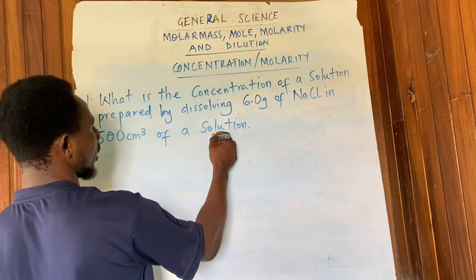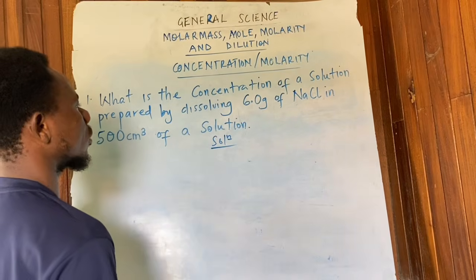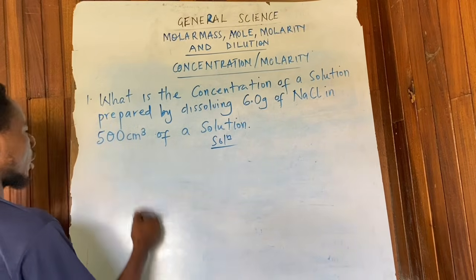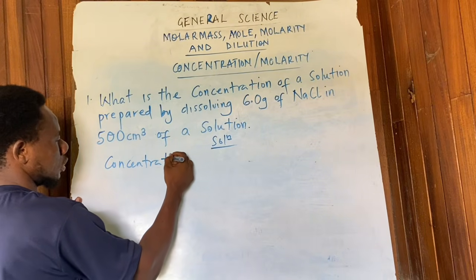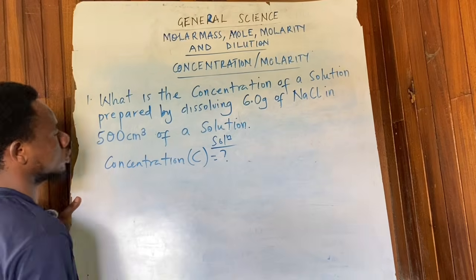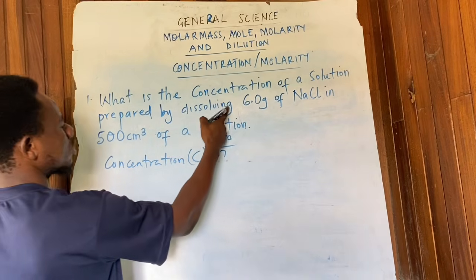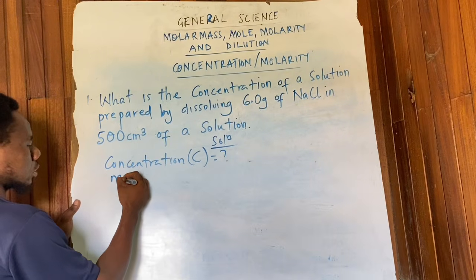So let's start solving it. Concentration, C, we don't know. Prepared by dissolving 6 grams. Don't forget that 6 grams is your mass.